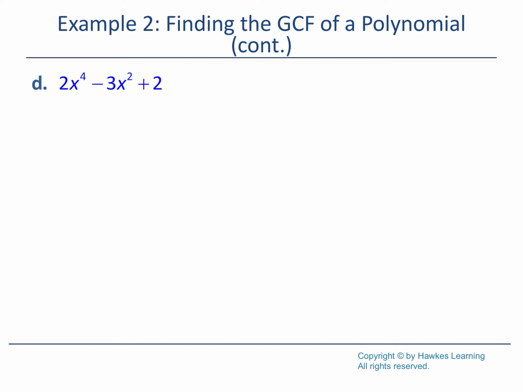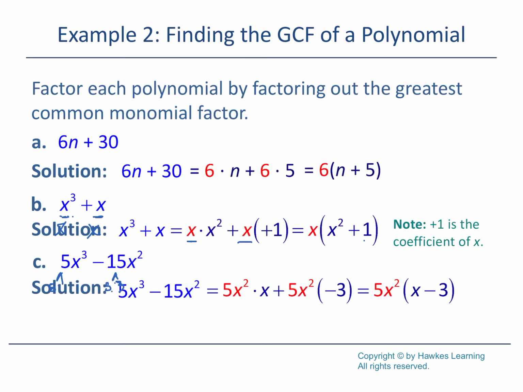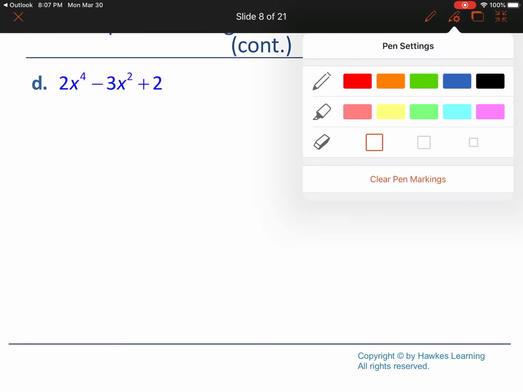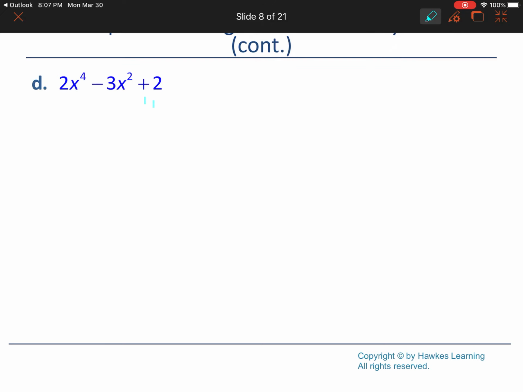Okay, so in this one, we have a trinomial, right? But we're still finding the greatest common factor of the polynomial. And we look here, they don't all have x's. Oops. The last term does not have an x. This term does not have an x in it, right?